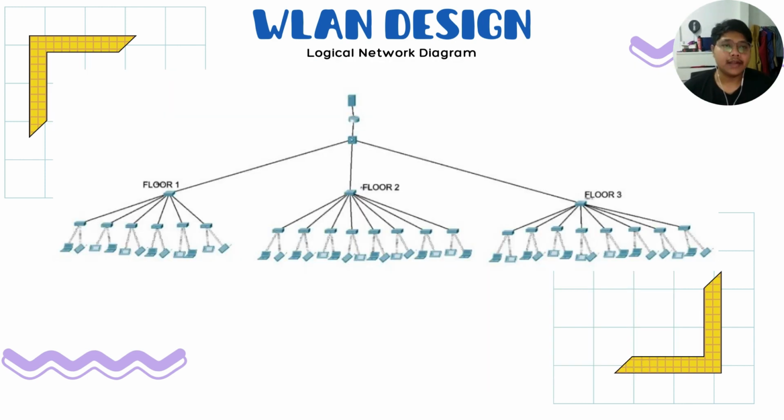So this is the logical network diagram, the network design, LAN design. For each floor, we measured. The first floor is designed for 45 devices, floor 2 for 60 devices, floor 3 for 75 devices. On floor 1 we use 6 access points, and on floors 2 and 3 we use 8 access points.